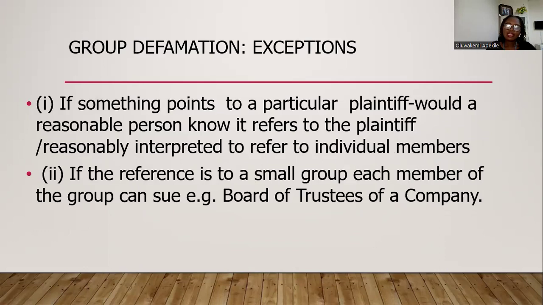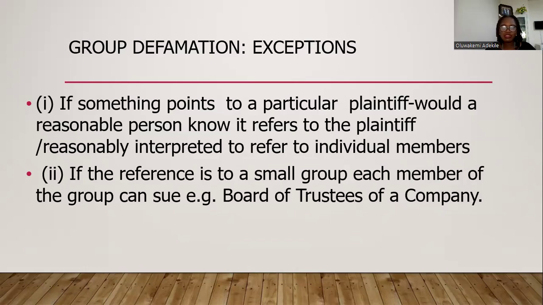Then the court said that if the statement points to a particular plaintiff, even though it seems like you are making a class defamation, but if there is clear evidence that this statement is pointing to this particular plaintiff, and those who know the plaintiff would know that you're actually referring to him, then the plaintiff will be able to sue. So if, looking at the statement, anybody can reasonably infer that what you are saying, even though it appears like you are saying all lawyers are liars, is referring to a particular plaintiff.